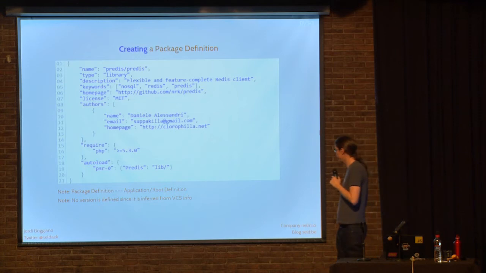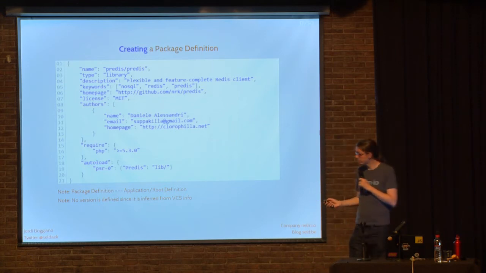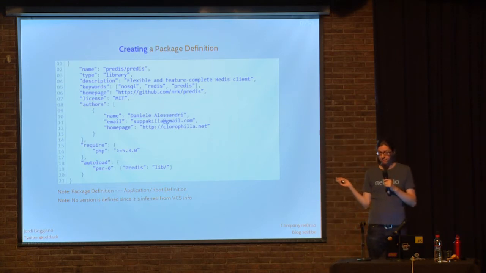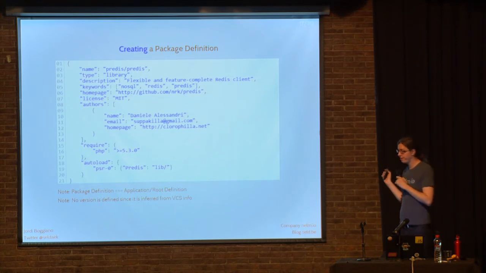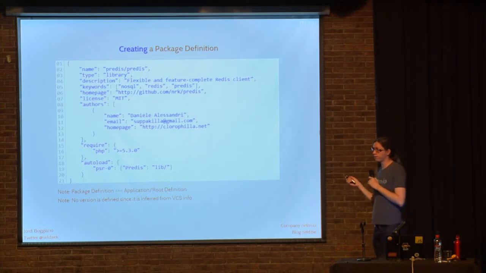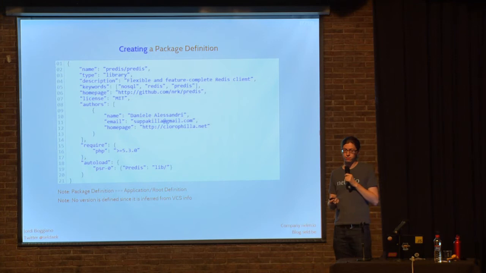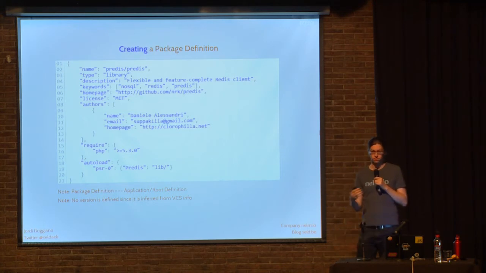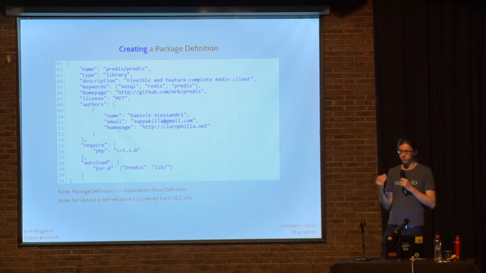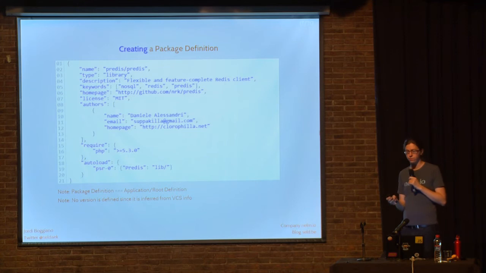Yes. And one thing to note is the version is not in there. The reason is that, at least if you use Packagist, in most other package managers you will publish versions yourself. But here we automated everything, and we base it on the VCS information, so on Git or SVN information.